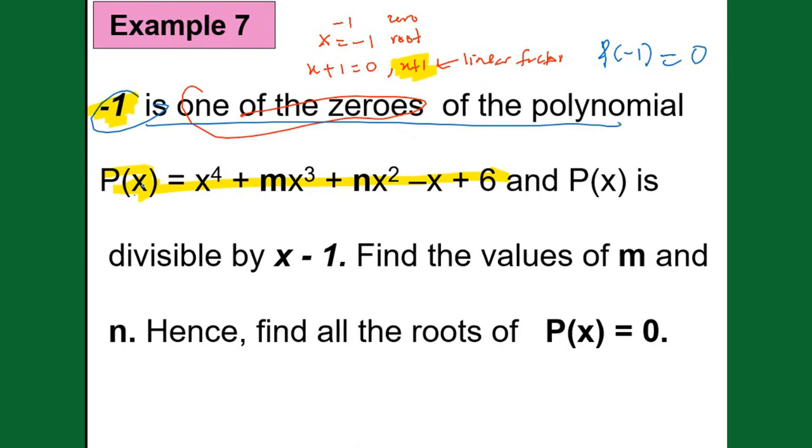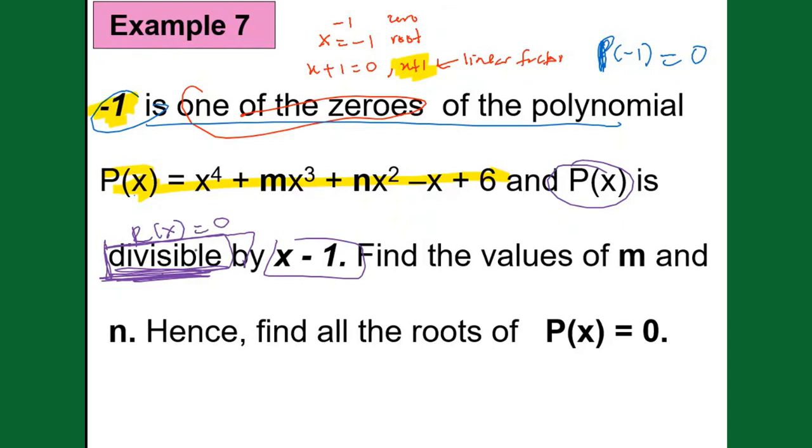Sebab dia kata zero, p of negative 1. Okay, is equal to 0. So ini info dia. Tak tahu nak pakai macam mana lagi. Okay, px, the second info, px, okay, is divisible by x minus 1.